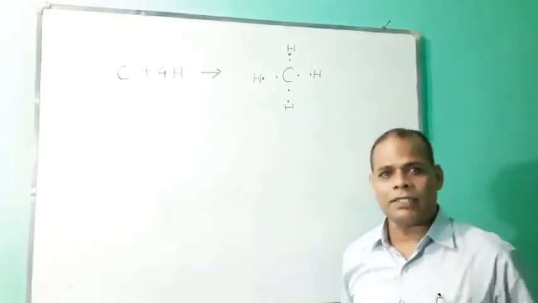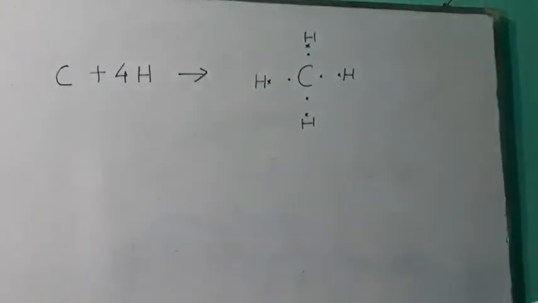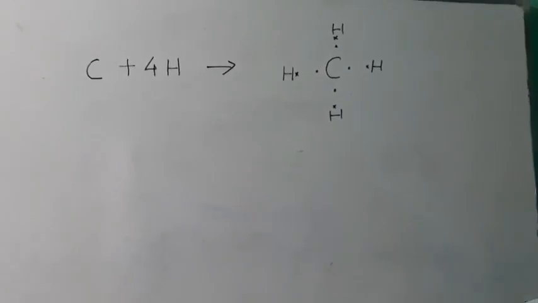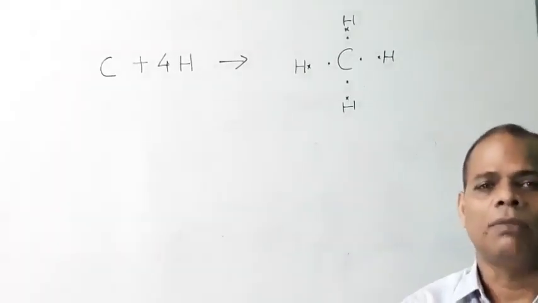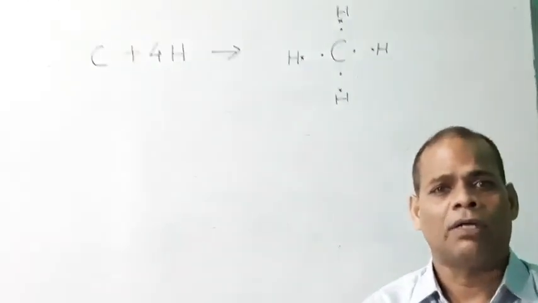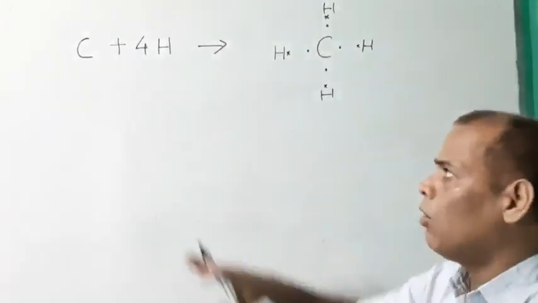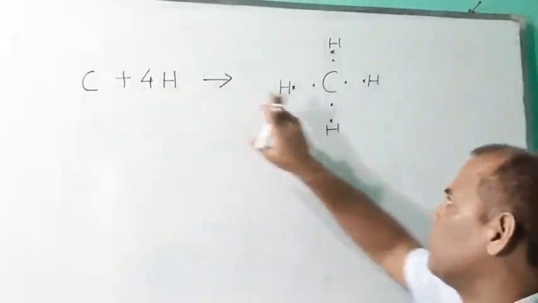Let us apply that: how does carbon achieve 8 electrons in its valence shell? Carbon achieves its 8 electrons by mutual sharing of electrons, by the formation of covalent bonds. Now you see that carbon combined with 4 hydrogen.